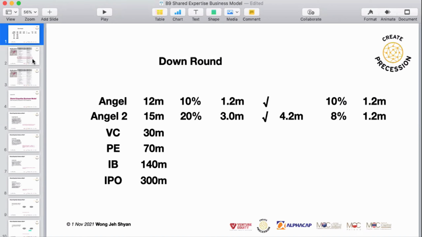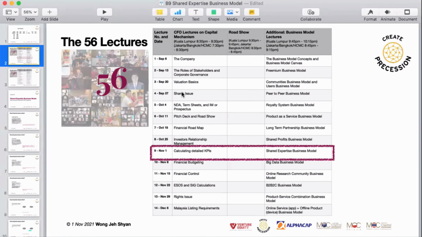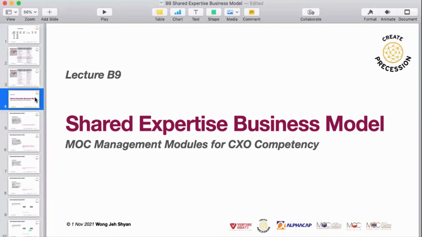Okay? We're going to talk about financial control in the future, but today we talk about the share expertise business model. So what is a share expertise business model?